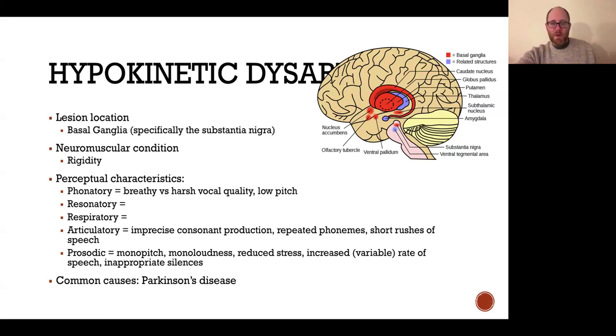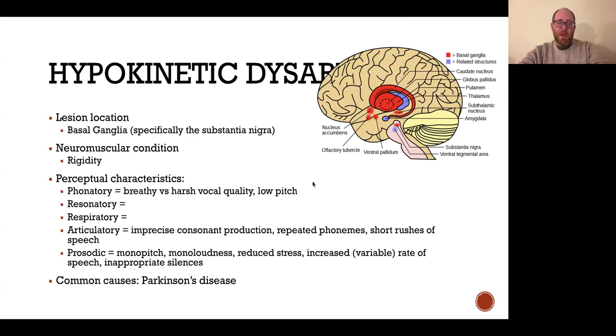With hypokinetic dysarthria, the perceptual characteristics include a breathy versus a harsh vocal quality and low pitch. They don't really have any notable changes to their resonatory or respiratory system. They can, but that's more in severe cases, not common across the variety. In the articulatory system, they can have imprecise consonant production, repeated phonemes, similar to stuttering, and short rushes of speech.